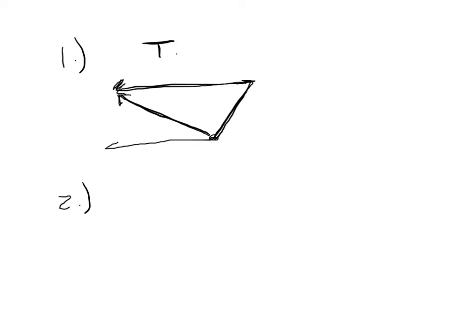Let's take a look at number two. It's asking, does the magnitude of vector BC plus the magnitude of vector BA equal the magnitude of BD? In this case, I'm considering the lengths of the vectors. BA is equivalent to CD, so there's my BA magnitude up there, my BC magnitude here, and my BD magnitude here.